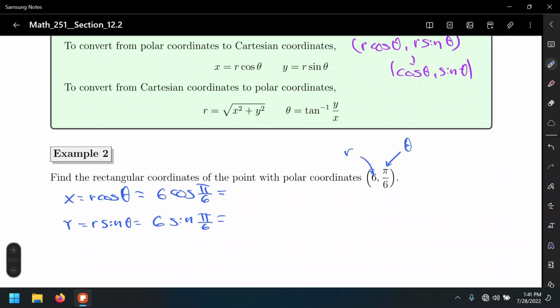This is just basic trigonometric calculation. Cosine of pi over 6 is square root of 3 over 2, and sine of pi over 6 is 1/2. This reduces to 3 root 3, and 3.